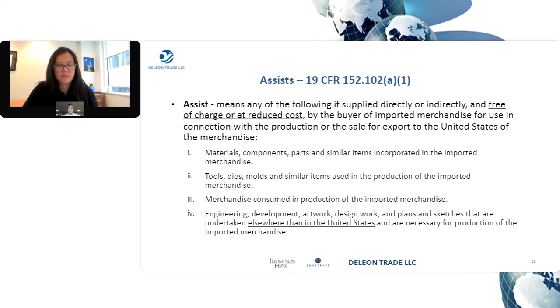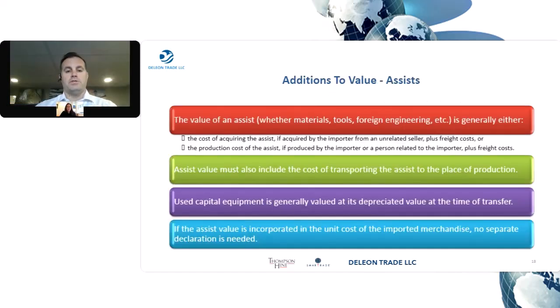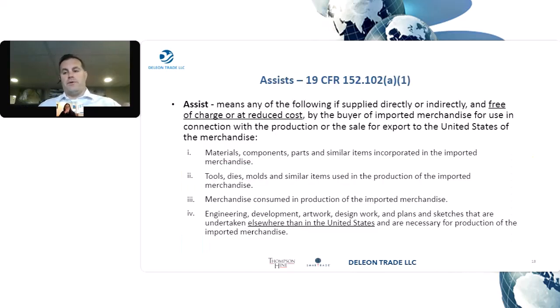Yeah, I totally agree. And what I see most often, the one that creeps up on most people, is category 4, the engineering, because a lot of times now companies have outsourced their engineering to India or Southeast Asia somewhere where engineering is a lot cheaper, right?